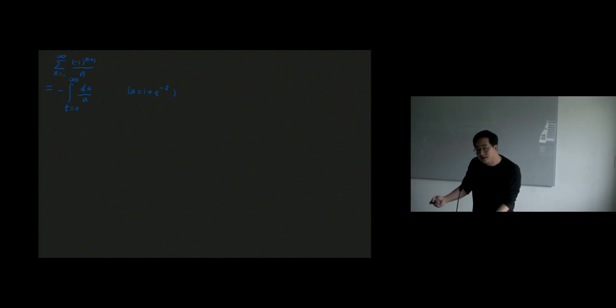So we only need to find out when t is 0, what is u integrating starting from, right? So when t is 0, u equal to 1 plus e to the negative 0. So u equals to 2 when t is 0.